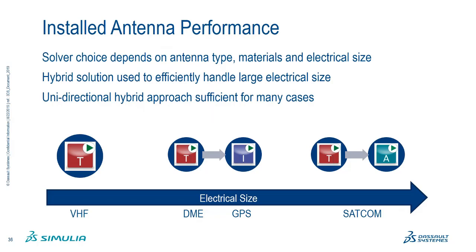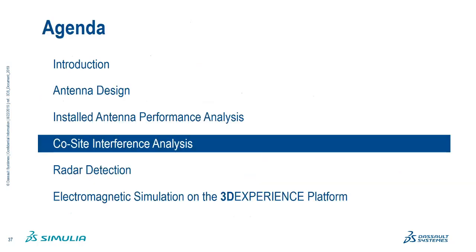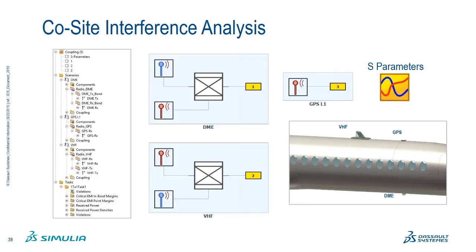Another key aspect of communication system design is co-site interference. So let's explore this topic more. SIMULIA provides a workflow specifically for this analysis and uses something called the interference task. This enables radio models to be defined and connected to the antenna ports.